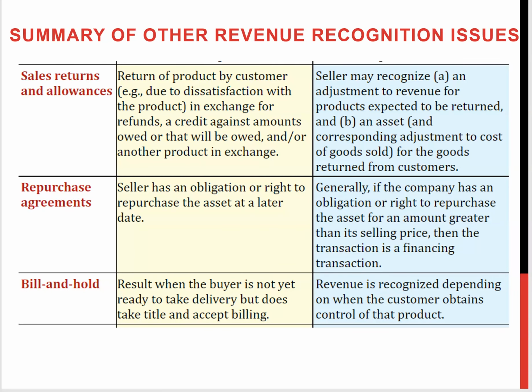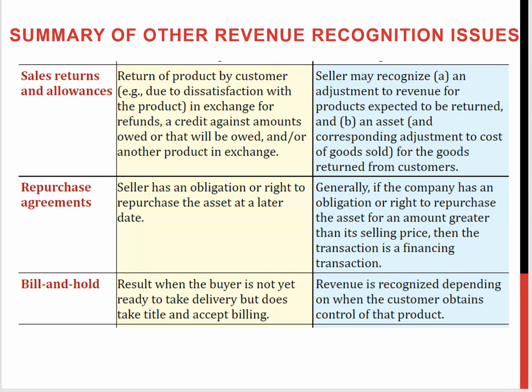Now here at the end you will see the summary of all those unusual revenue recognition issues and how you're going to record them. Sales returns, you have seen, are a contra revenue, and how we have to record that. Repurchase agreement: you have to look at the repurchase price, whether it is higher than the sales price or lower.